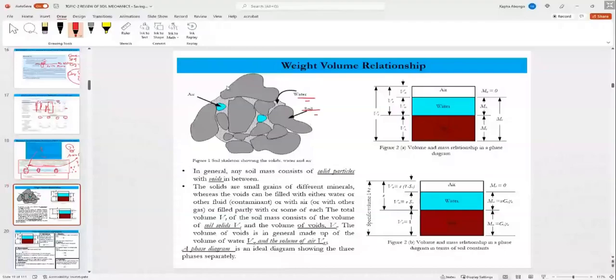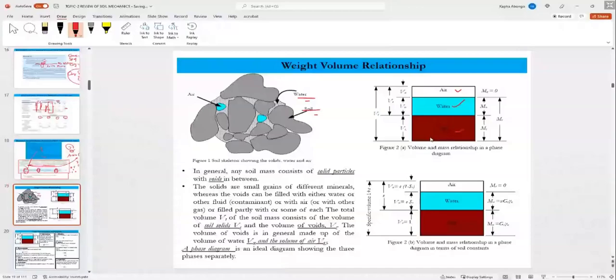The solids are not compact; there are voids between them, and those void spaces contain water and air. So you can idealize any soil using a phase diagram. We have air, water, solid, in terms of mass or in terms of volume.